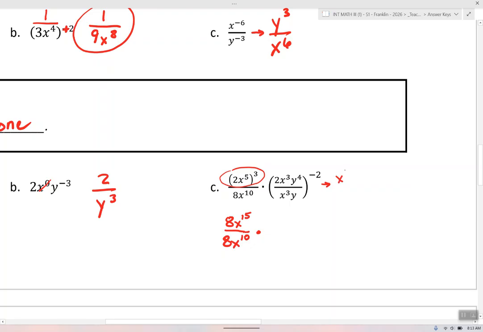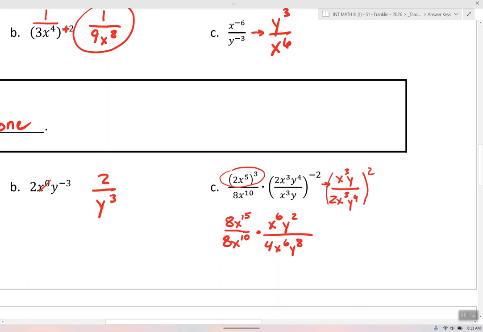It'd be x cubed y over 2x cubed y to the fourth, all to the now positive second power. Now let's simplify that part. So x cubed to the second is x to the sixth, y to the second, over 2 times 2 is 4. We have x to the sixth, y to the eighth.